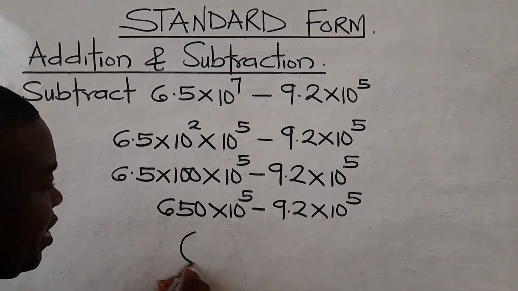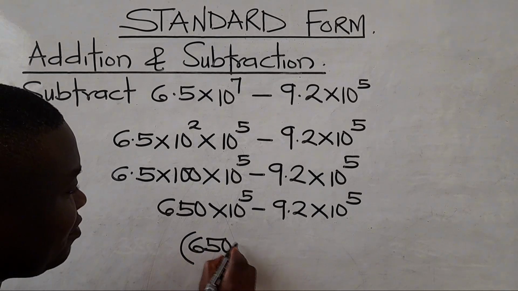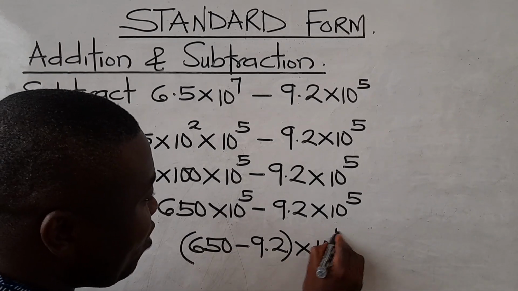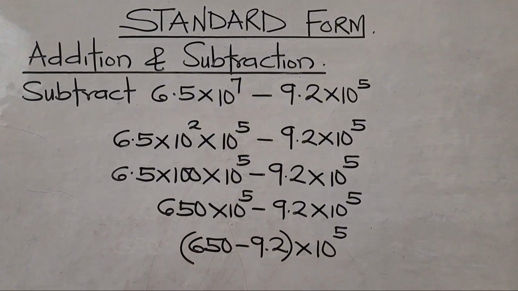We can do it this way: 650 minus 9.2 times 10 to the power 5. I'll give you time to actually look at it. I don't want to be too fast. Okay, so we'll say 650 minus 9.2.